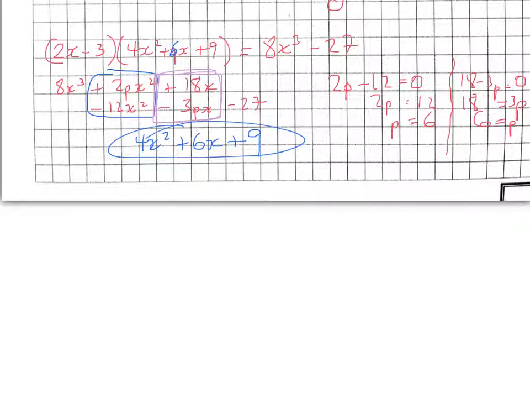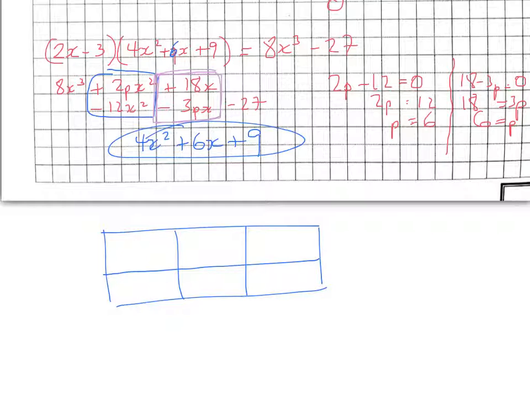A final method that could be used to approach this question is if I think of the grid method for factorizing or multiplying out brackets. I'm saying to myself, what do I multiply by 2x minus 3 to get 8x cubed minus 27? Well, what I can do is I can say, right, what do I multiply by minus 3 to get minus 27? Well, it's going to be plus 9.